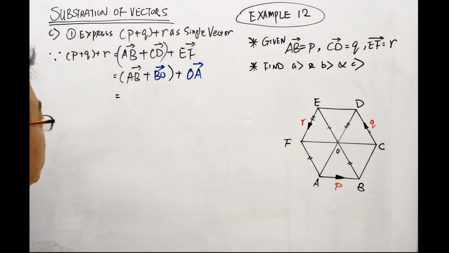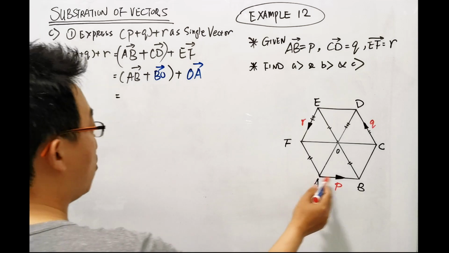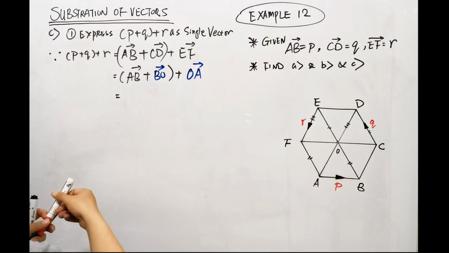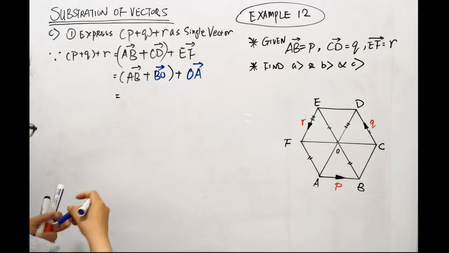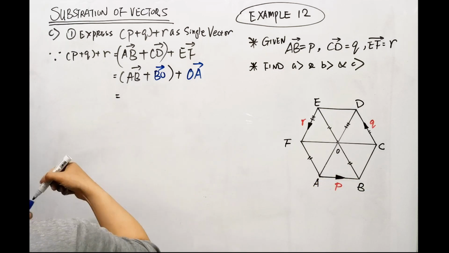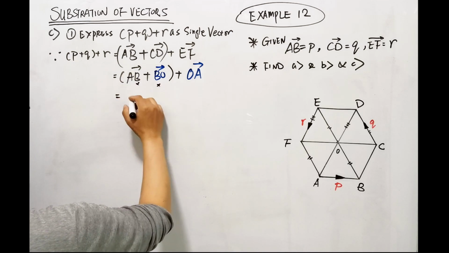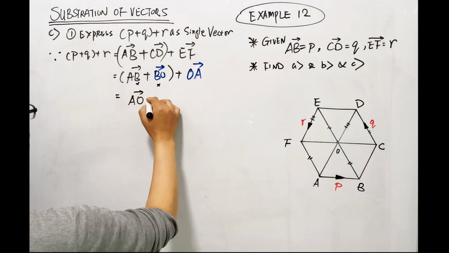So if this is the case, we use the triangle. Here these two just cancel off, so it becomes OA.